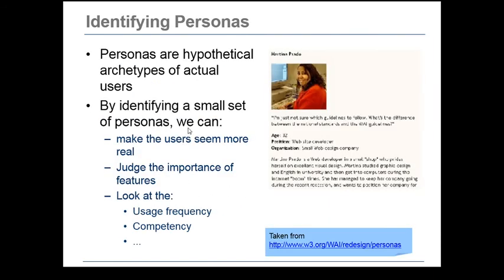Then identifying personas are hypothetical archetypes of actual users. By identifying a small set of personas, we can make the users seem more real. Judge the importance of features. Look at the usage frequency and competency.